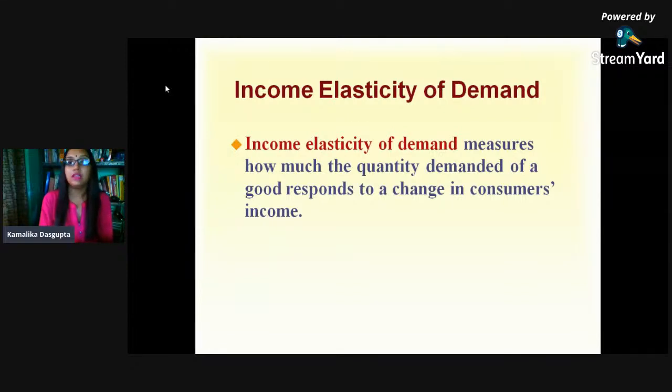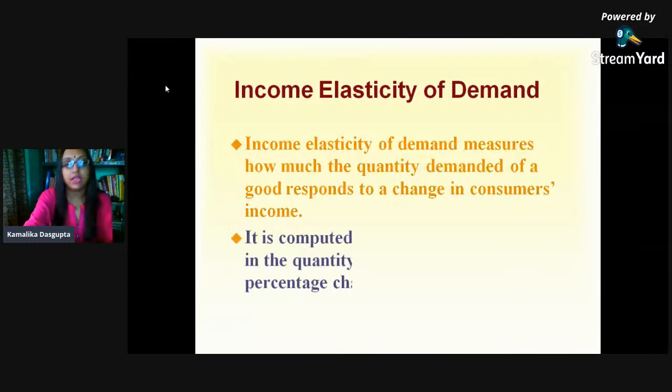So income elasticity of demand measures how much the quantity demanded of a good responds to a change in consumers' income. Price elasticity of demand measures the responsiveness of change in demand to the change in price. But income elasticity of demand measures the responsiveness of change in demand to the change in the consumer's income.